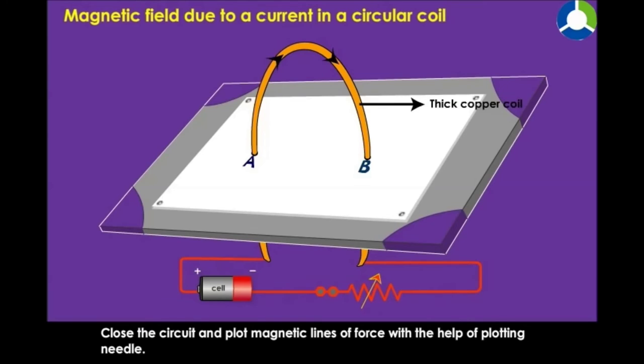Once current is allowed through the circular coil of wire, we can sprinkle iron filings randomly over the cardboard sheet, or we can keep a magnetic compass near the current carrying circular coil, where we can find a deflection in the magnetic needle.